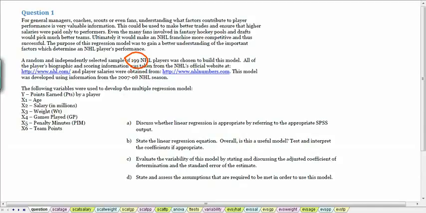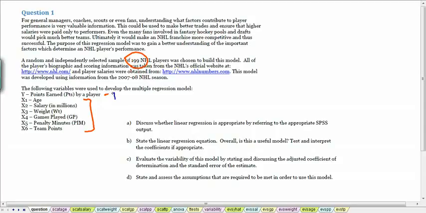We got information about the points earned as being a measure of their performance. And then we picked 6 factors, and we call those independent variables in a multiple regression model. And we wanted to know if any of those factors had a relationship with the points earned by a player.